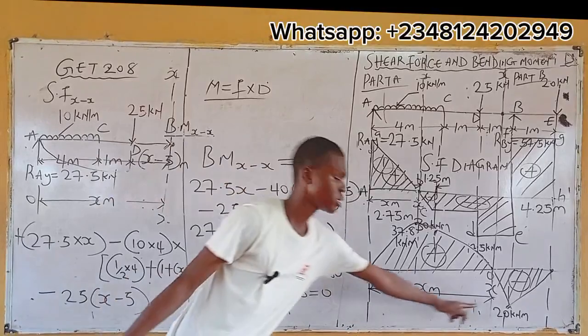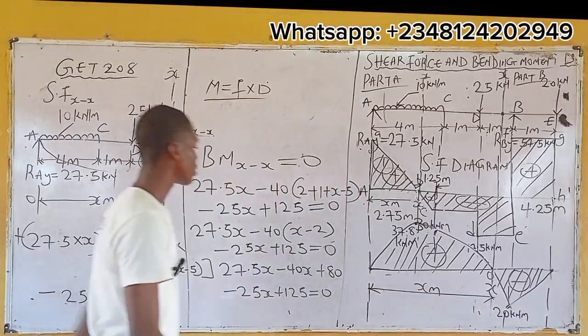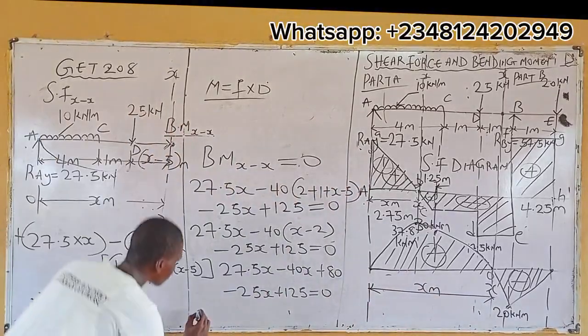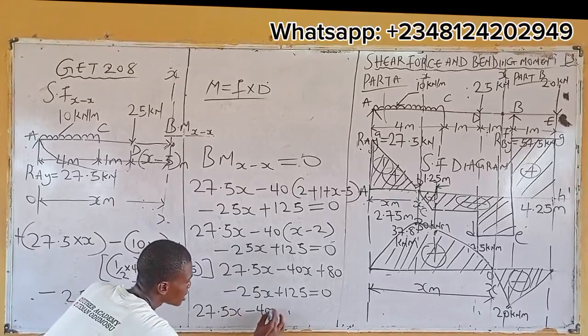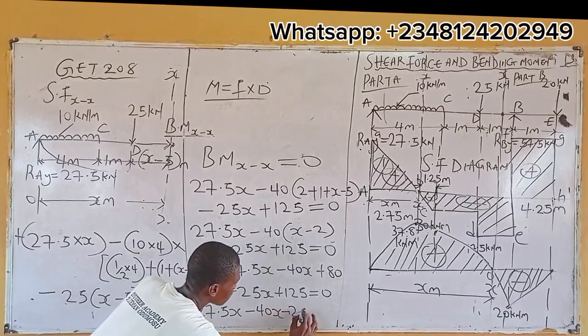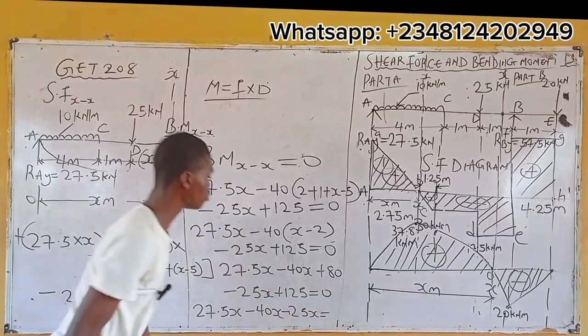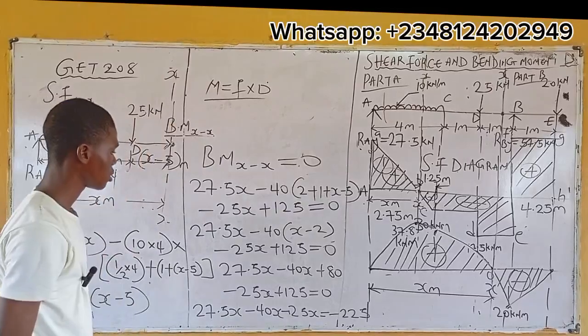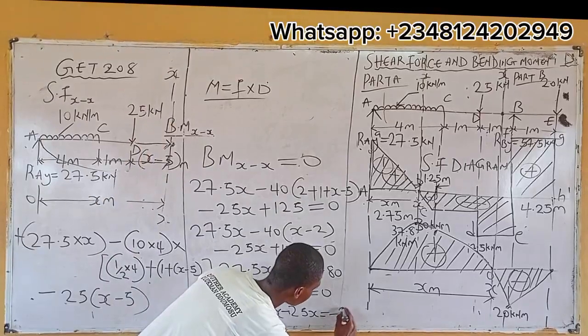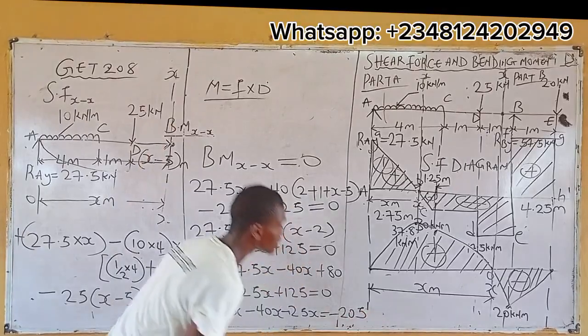What are we calculating? x, in meters. Collect like terms. So what do you have? 27.5x minus 40x minus 25x equals the sum of 80 and 125, which is negative 205, right?